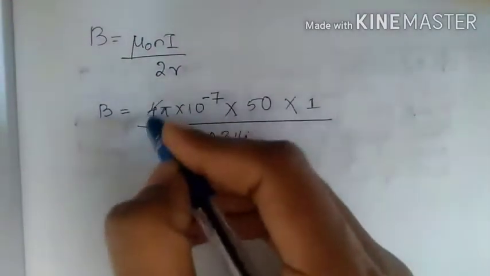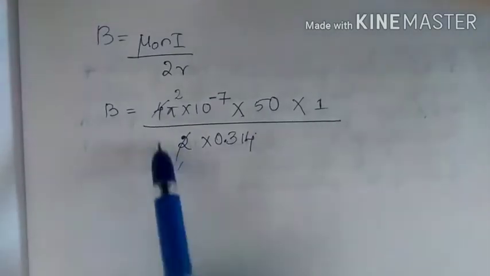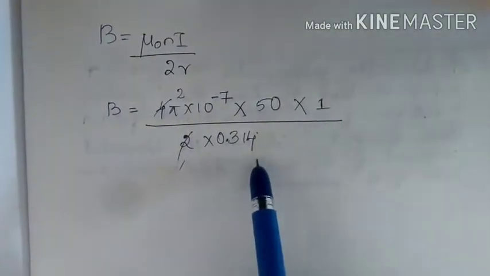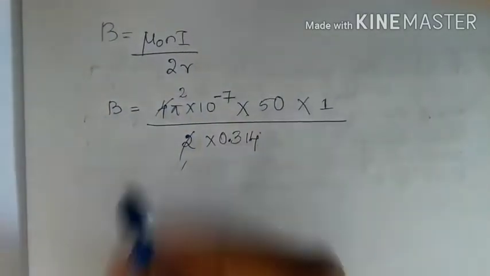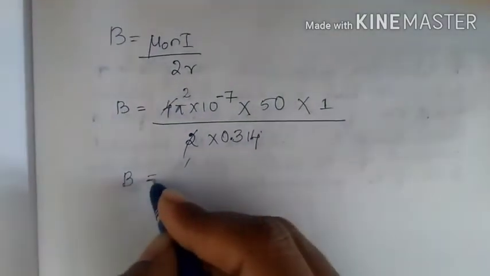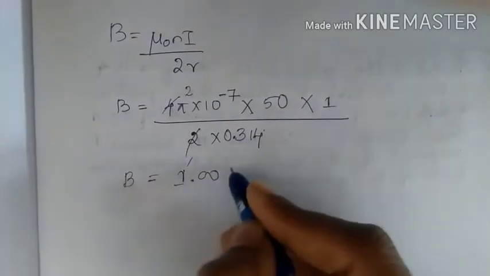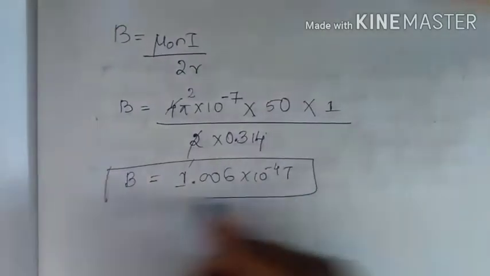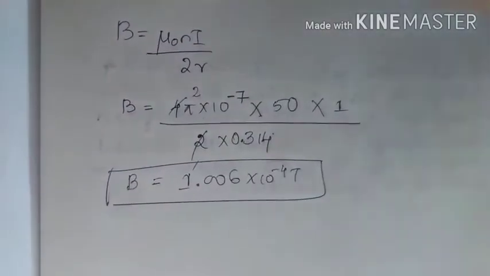So 2 ones, 2 twos. Here we have pi into 50 divided by 0.314. If you calculate all this, you get B is equal to 1.006 into 10 power minus 4 Tesla. Clear?